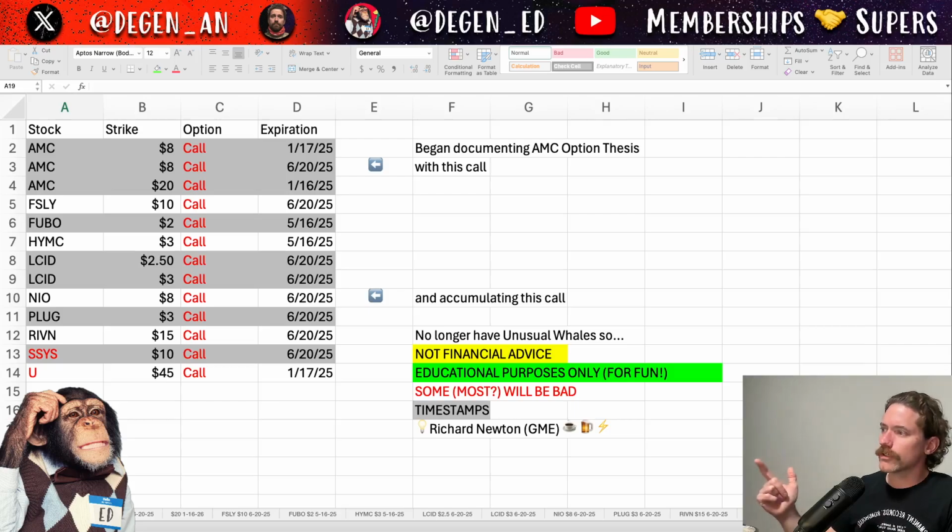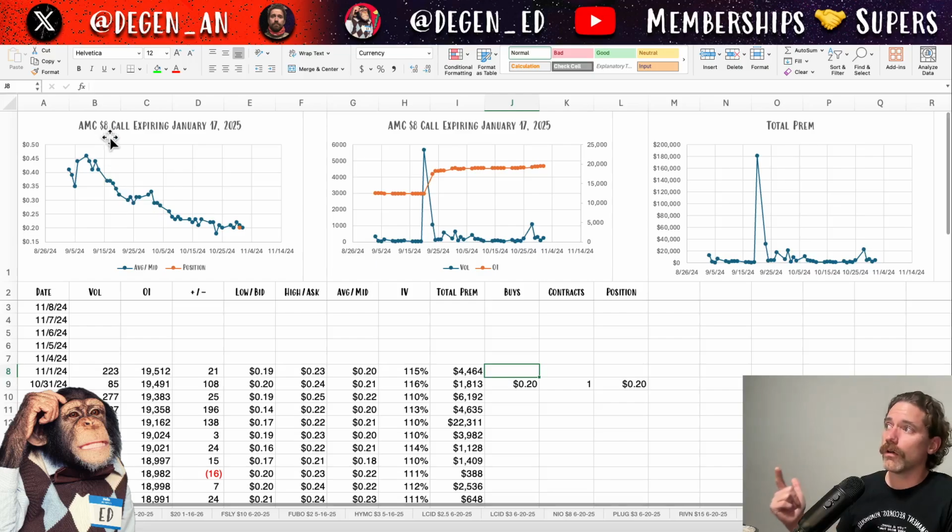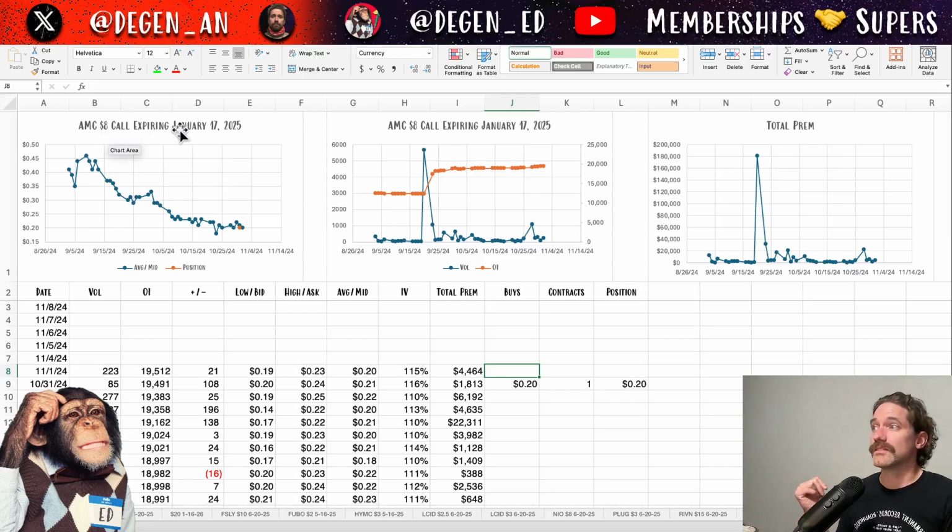All right, so the first one that I'm going to go over is the AMC call with the $8 strike that is expiring January 17th. This is how I'm going to have all of the data formatted for the different tickers. What I have here is the average buy price. This is data that I got from Unusual Whales.